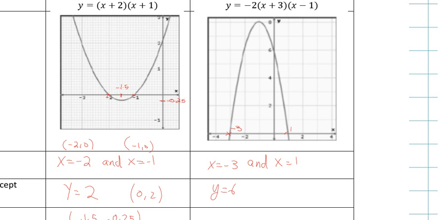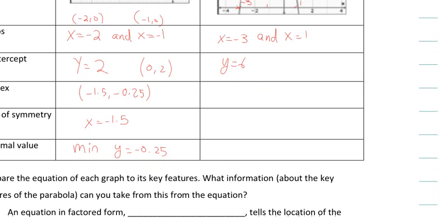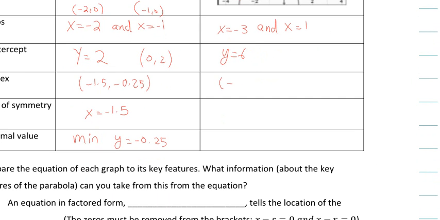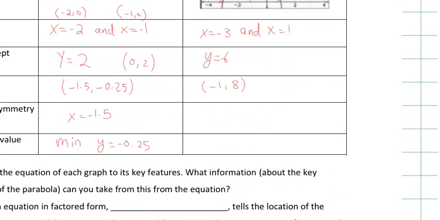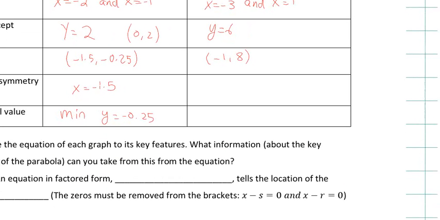Your vertex? -1 and 8. If you go back here, this is -2, this is -1. So your axis of symmetry is x equals -1, and your optimal value is a max at y equals 8.